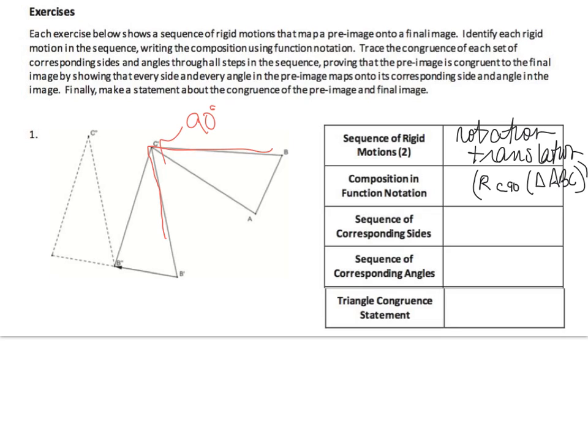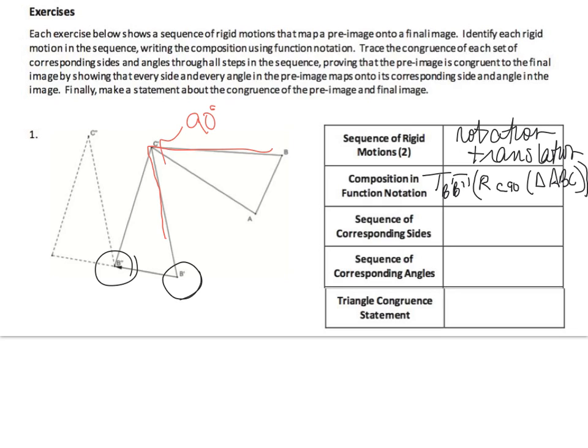Parentheses around that. And translation. Translation looks like it goes from B prime to B double prime. That's a double prime. Cool. There is our function notation.